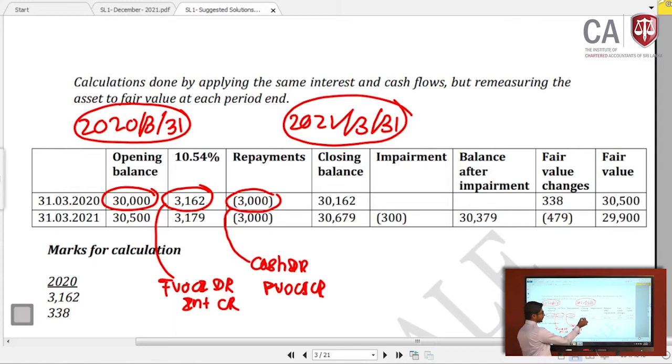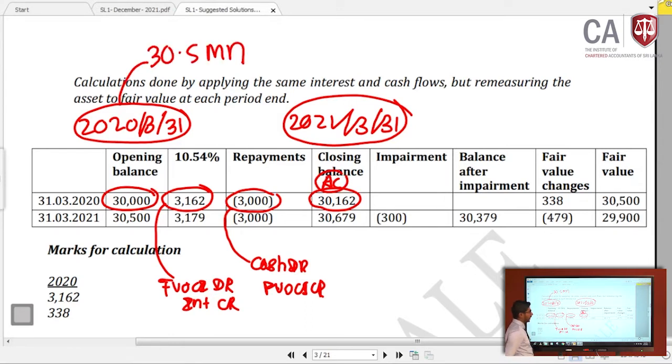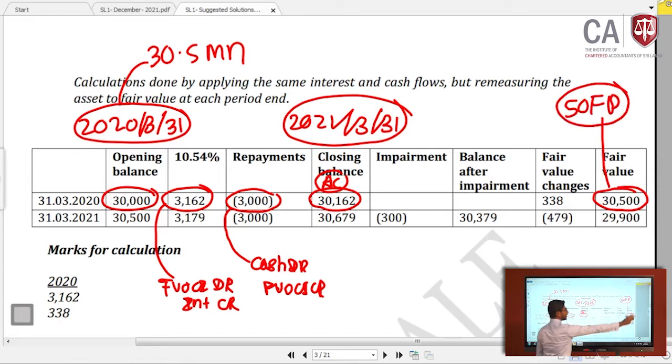And this is the closing balance as per amortized cost. Now, what is happening, student? This date the fair value is 30.5 million. So 30.5 million is the value we should reflect in the statement of financial position under the heading of fair value through OCI, right?